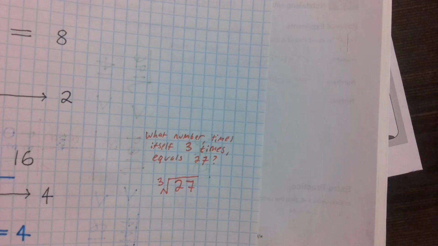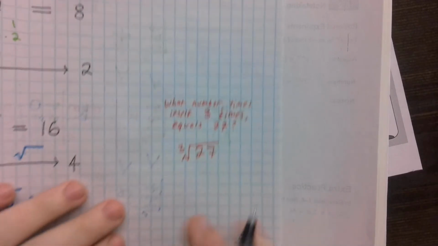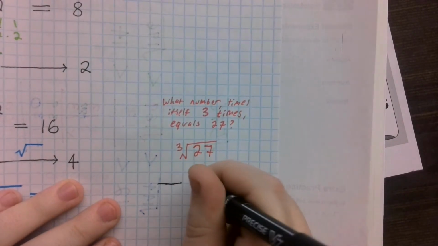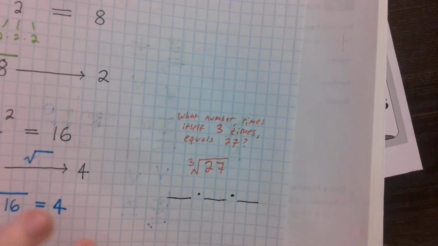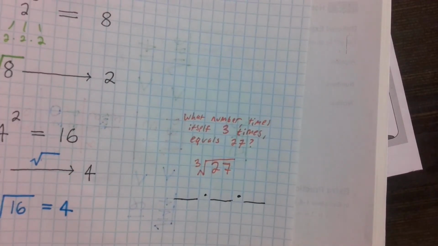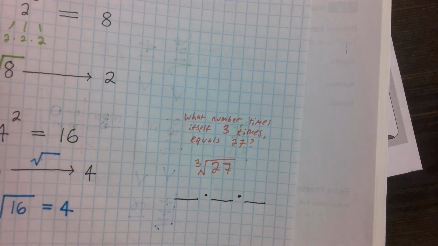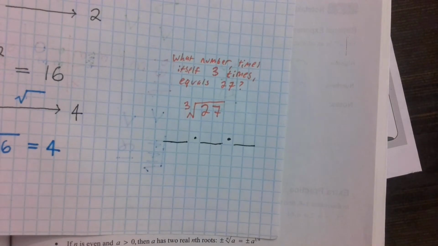This is a thinking problem. Root problems are all thinking problems, where you really have to go through and ask yourself, what number could I multiply by itself 3 times to make 27? It may require some guessing and checking as well.